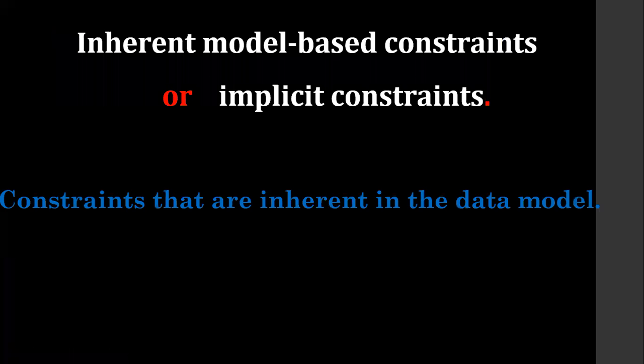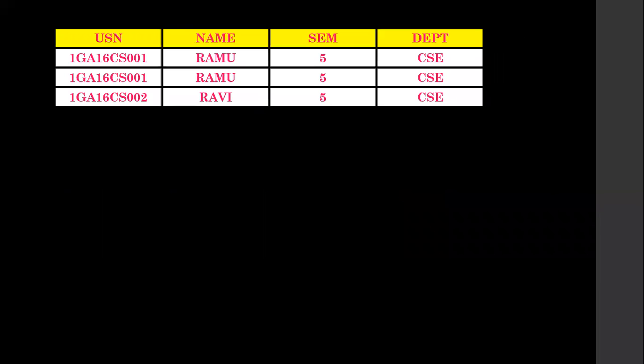Such constraints are referred to as implicit or inherent model based constraints. The relational data model should not allow complex or multi-valued attributes, so values should be simple.